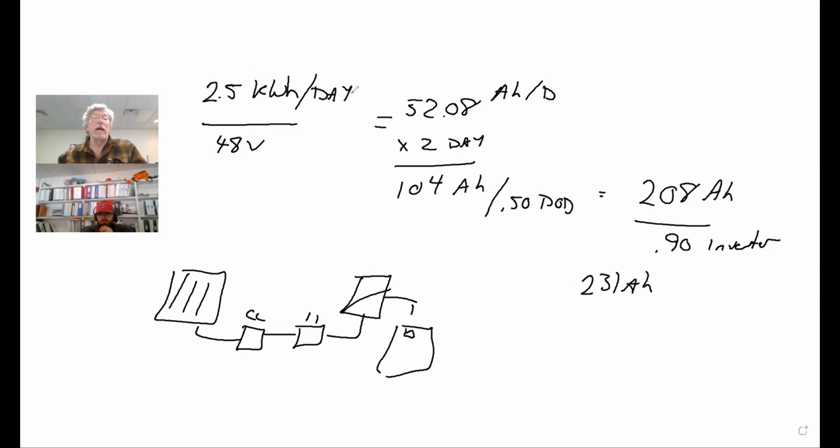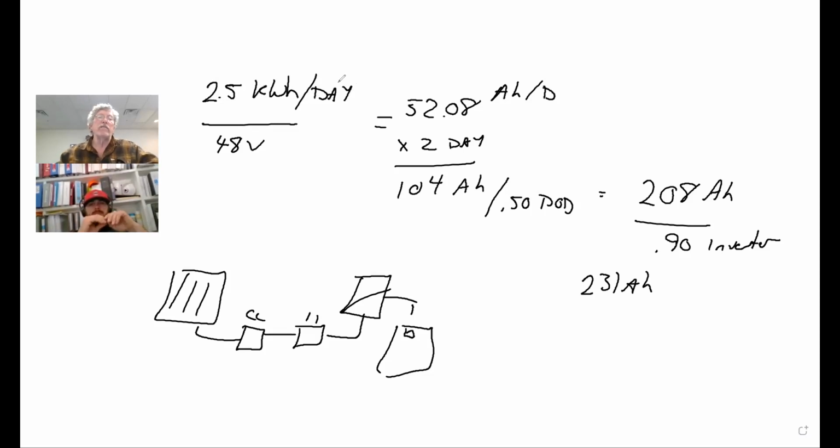With lithium ion, it's usually done a little bit differently. They're normally sold by kilowatt hours. And so if I had a 2.5 kilowatt hour system per day, it's really straightforward because they build in all of the inefficiencies, all of the depth of discharge. So if I went out to buy a system, I would buy a 2.5 kilowatt hour lithium ion battery, if I only needed 1 day of autonomy.